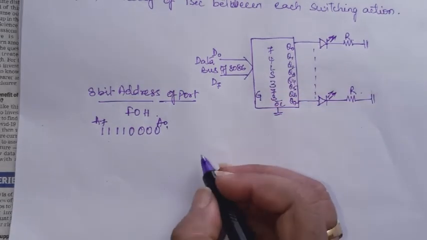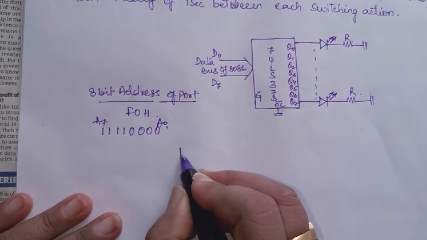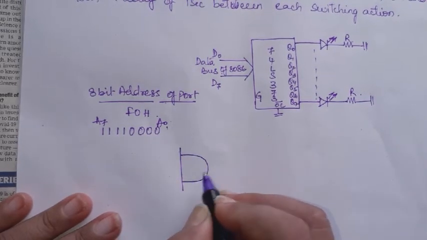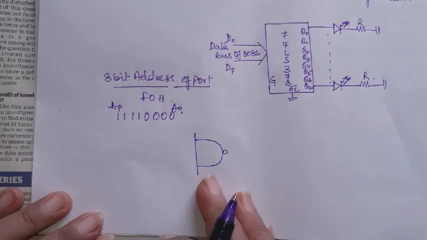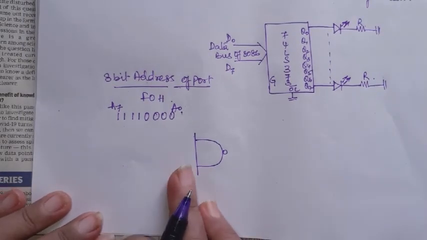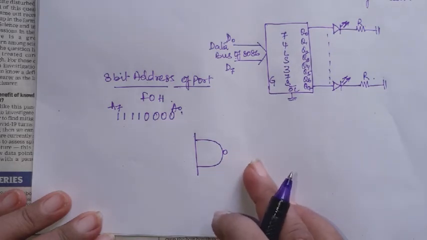So I can use a simple NAND decoder. If I take a NAND decoder, all inputs must be high for the output to be low.